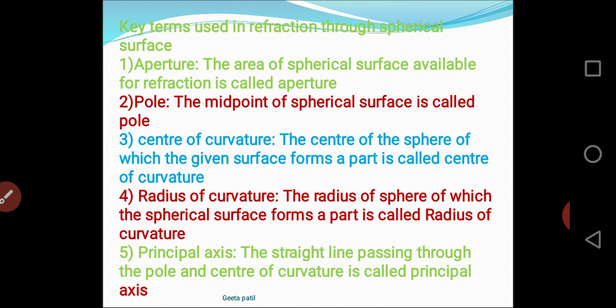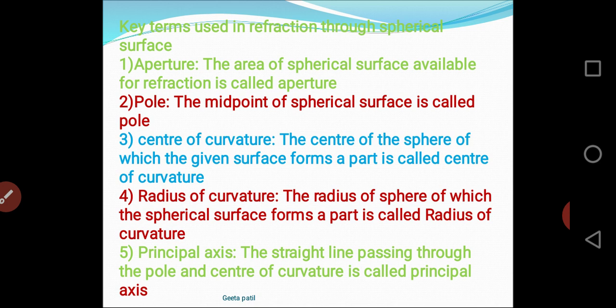The center of the sphere of which the given surface forms a part is called the center of curvature. It is denoted by letter C. Radius of curvature is defined as the radius of the sphere of which the spherical surface forms a part.